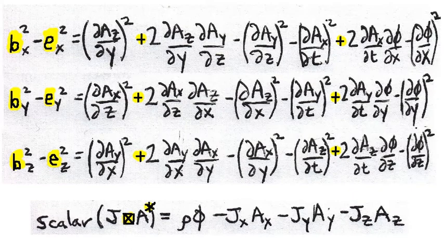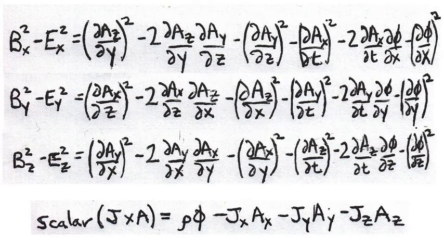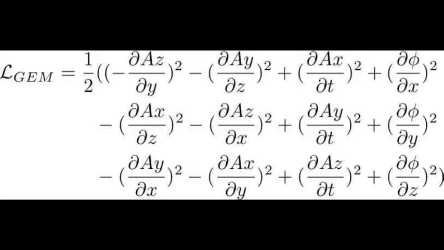We need to toss in a minus sign for each of those to get the GEM Lagrange density. Only the mixed terms have the opposite signs will cancel, and so we've basically ended up with these squared terms, like so. So now we're going to go through that machinery that we've done through this entire series.